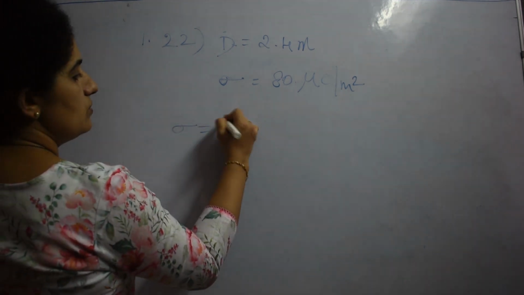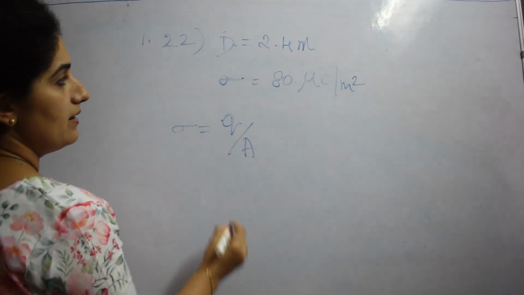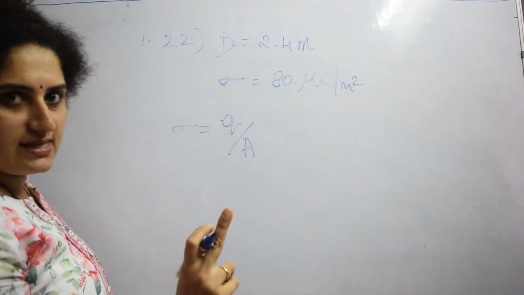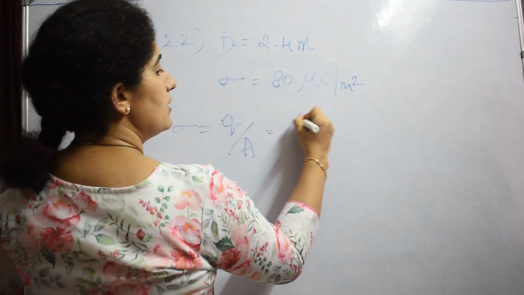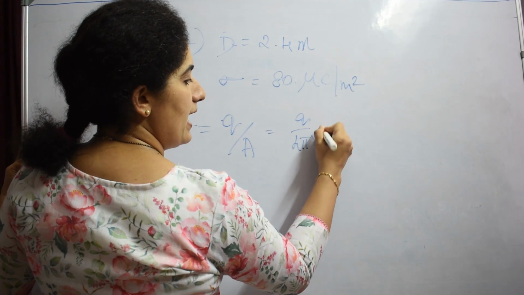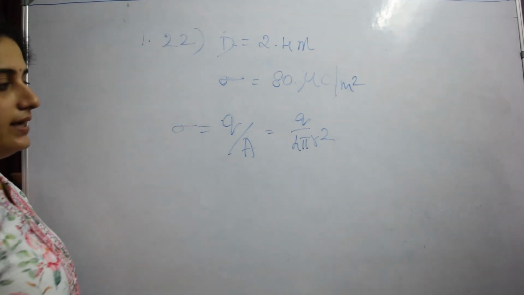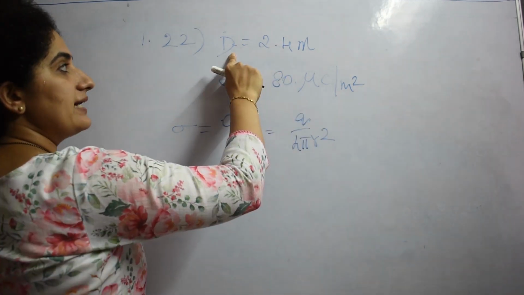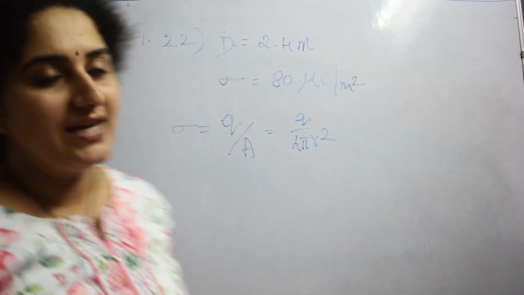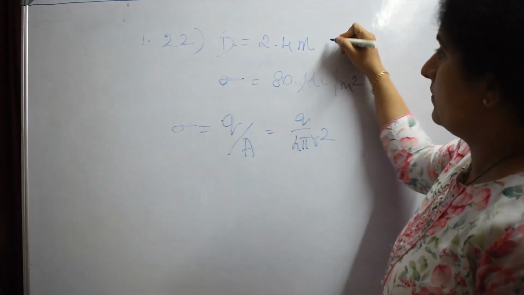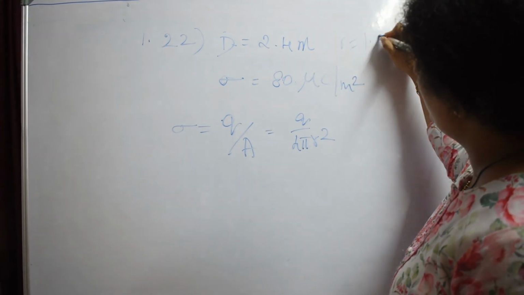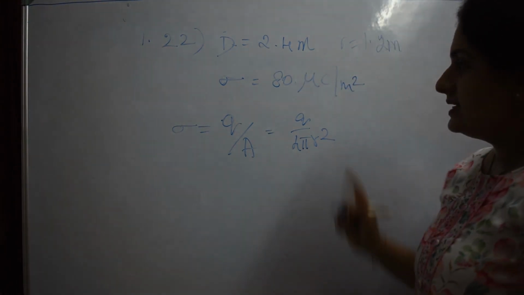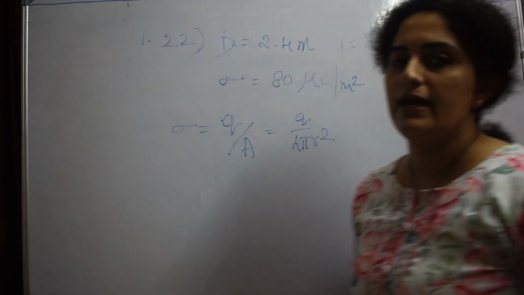Sigma is equal to Q by A. Sphere is given here. A should be what? 4 pi r square, area of the sphere. What is R? Radius. You are given with the diameter. So find out the radius. So R will be equal to how much? 1.2 meter. Substitute that, you get the value of Q.